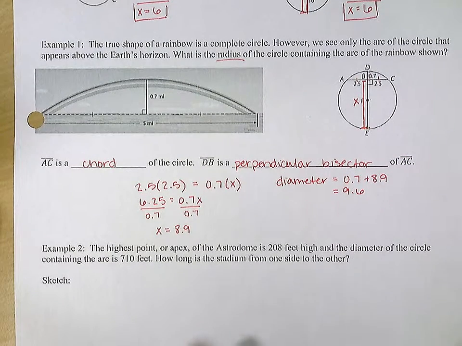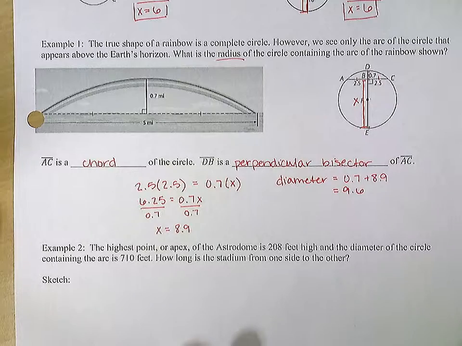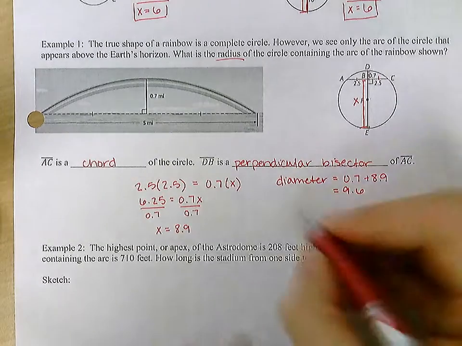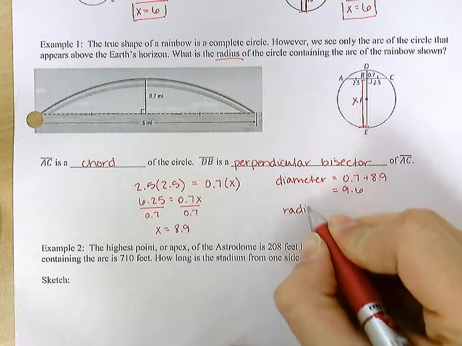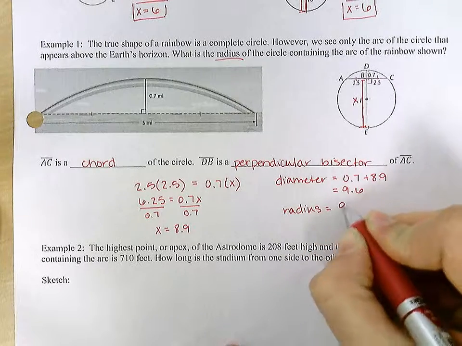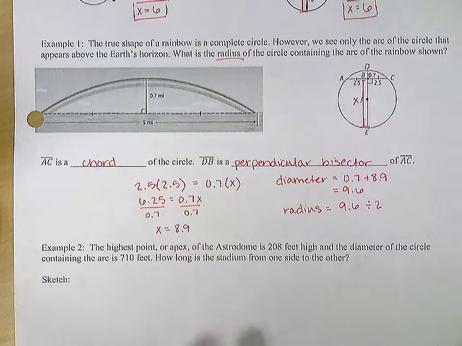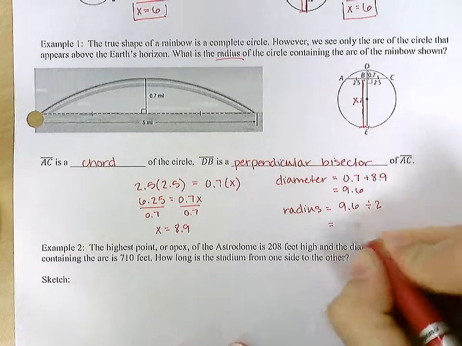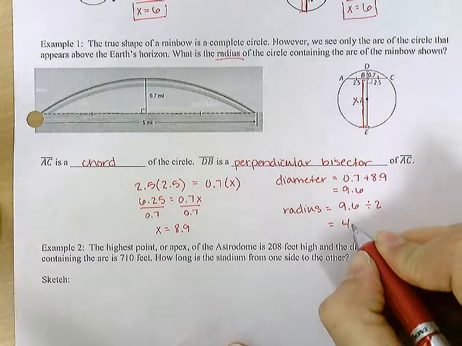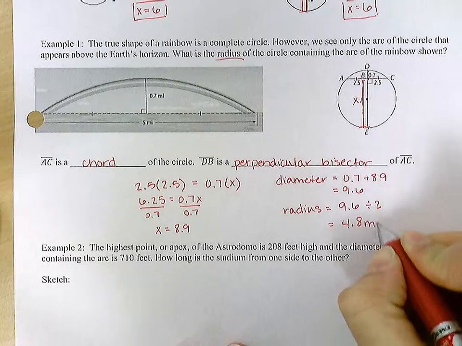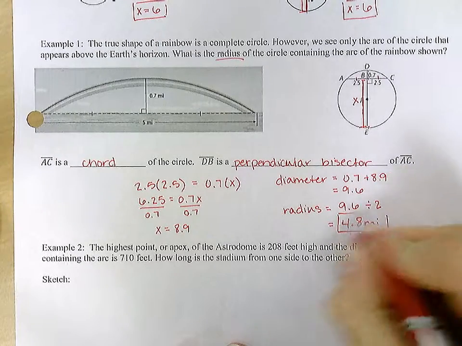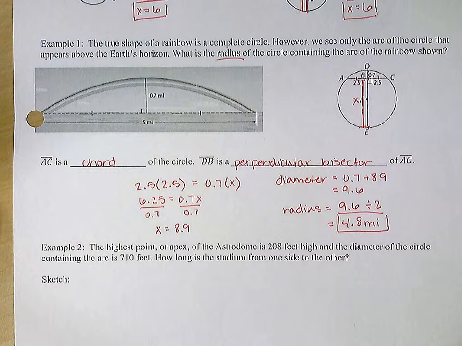So then how could I find the radius of the circle if I have the diameter? Divide it by 2. So to find the radius, we'll take 9.6 and divide it by 2. So the radius of that circle is going to be 4.8 miles. And you do have a problem like this on your homework.